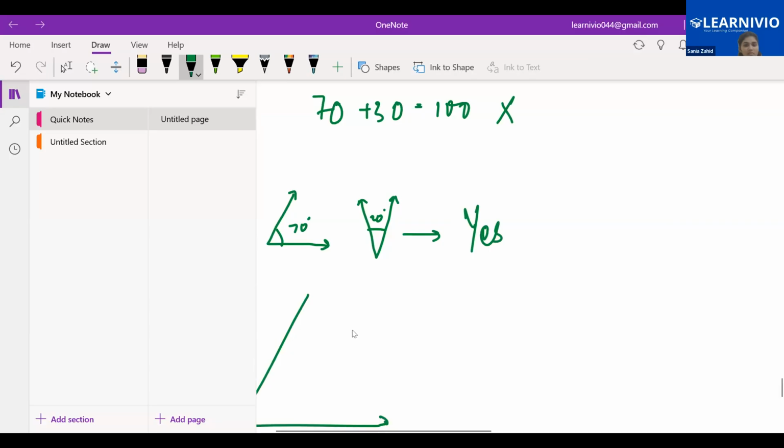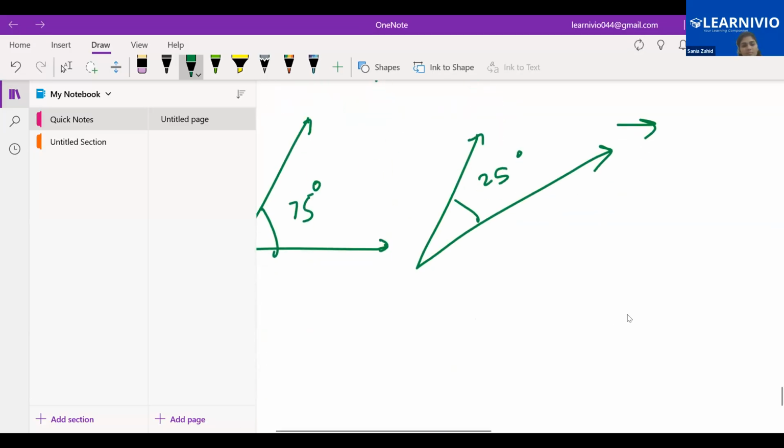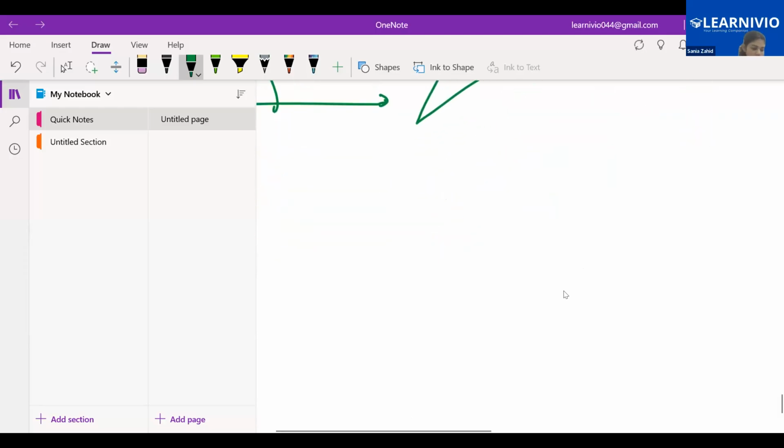Okay, next is 75 degree and 25 degree. Do you think that these are complementary angles? No, ma'am. Why no? Because it's more than 90. Very good. So you can do such type of questions.